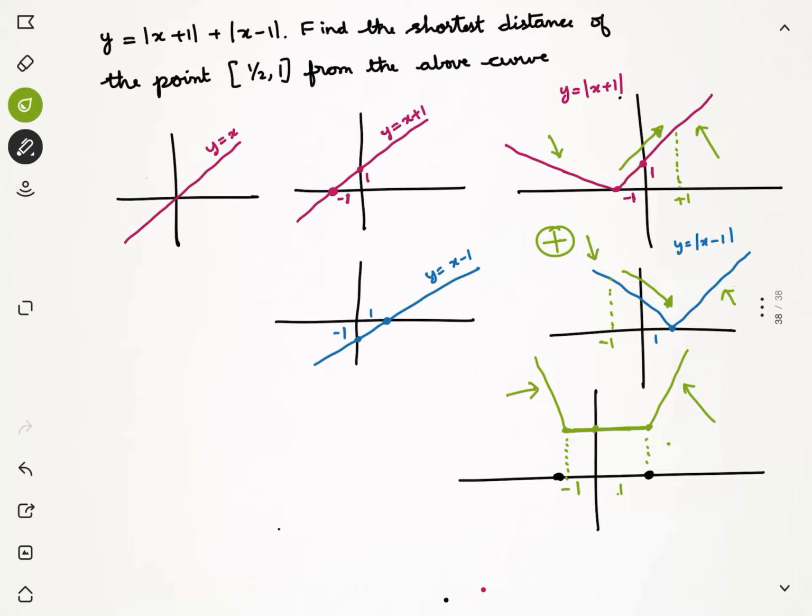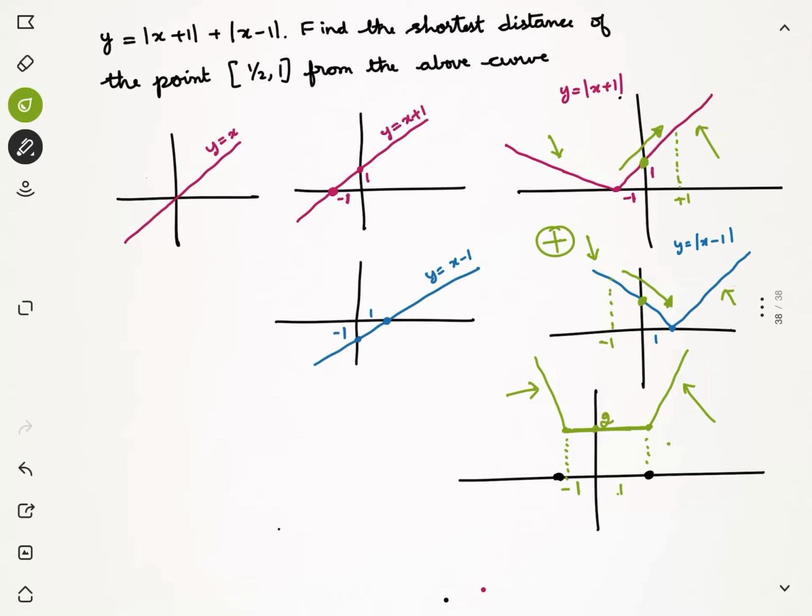At what height will it be from the x-axis? Let's add that one also. The pink color line is at 1 unit. If you look at my y-axis, the pink color line cuts the y-axis at 1 unit, and my blue color line also cuts my y-axis at 1 unit.